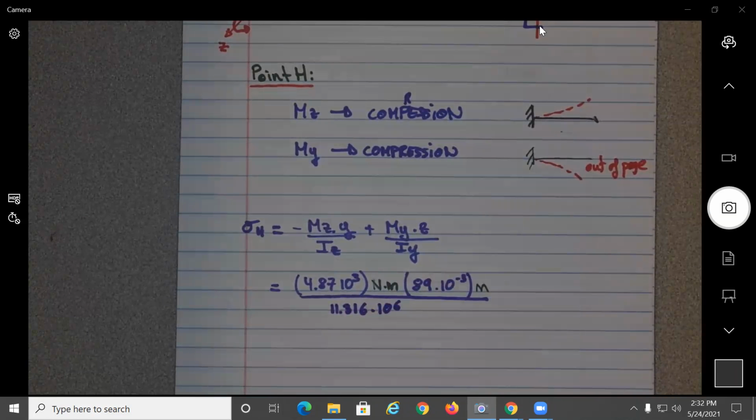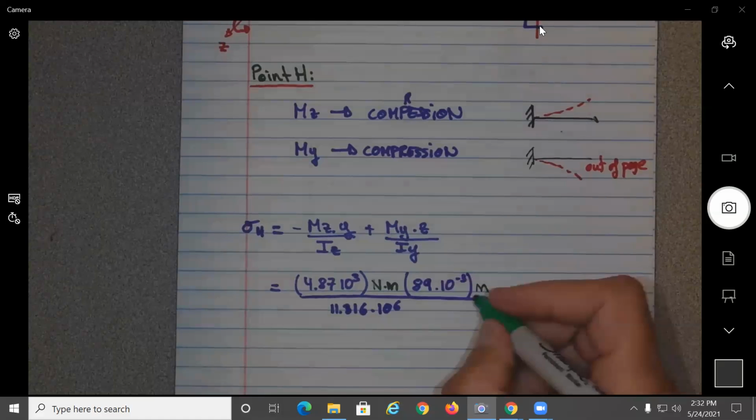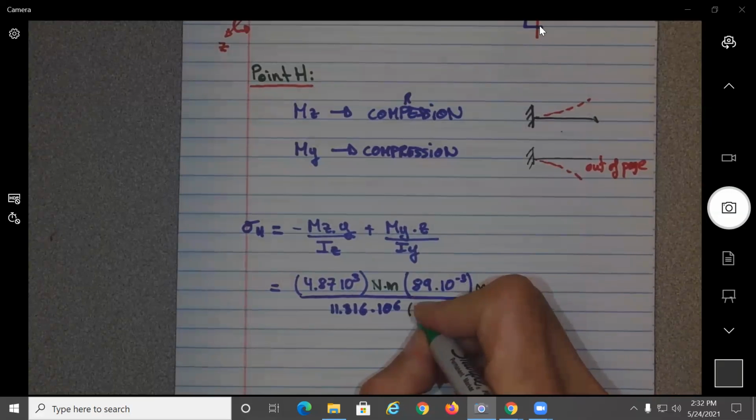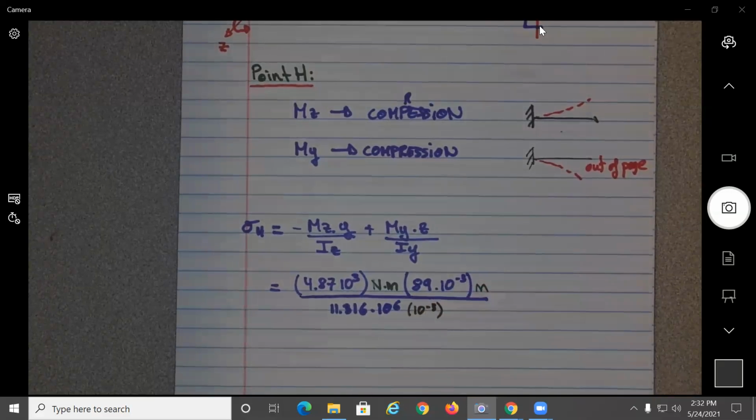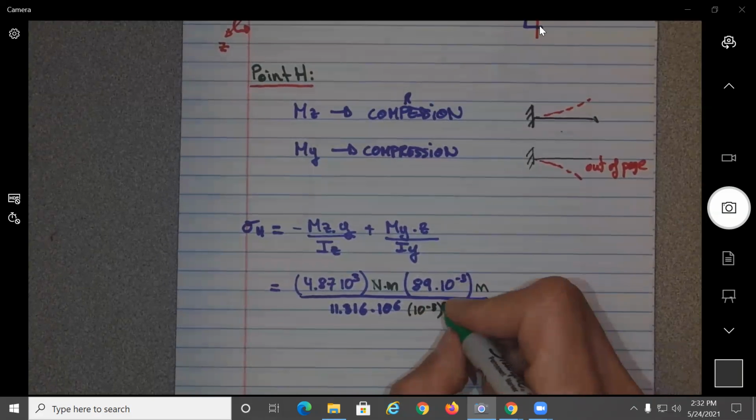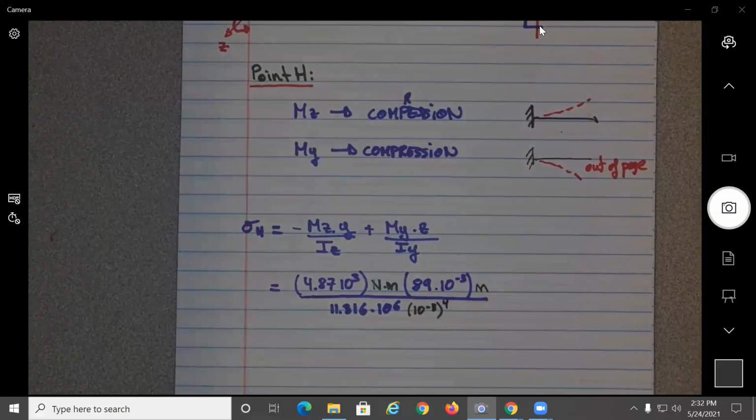So how do you go from millimeters to the fourth to meters to the fourth? What is the difference between millimeters and meters? It would be 10 to the minus 3. This is for 1 millimeter, so if it's to the fourth, multiply by 4, which gives you minus 12, basically. So this would be for the first term.